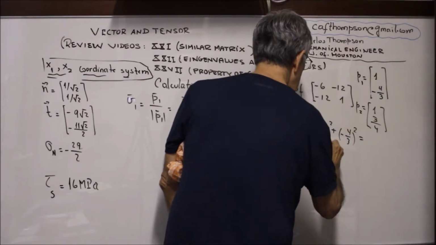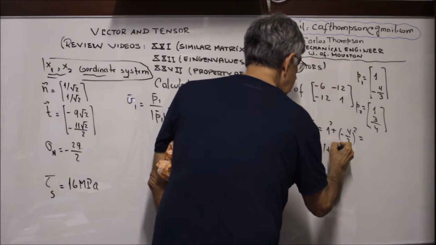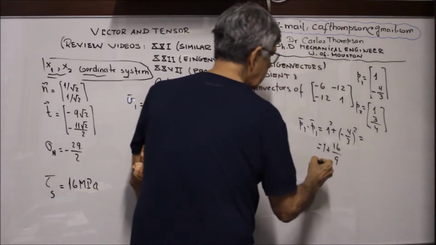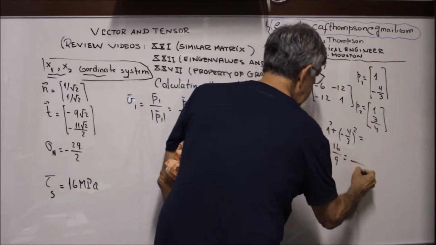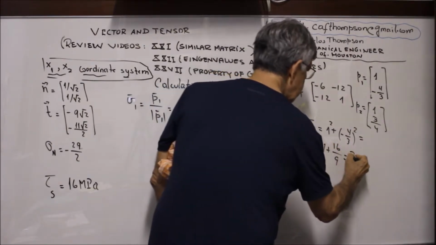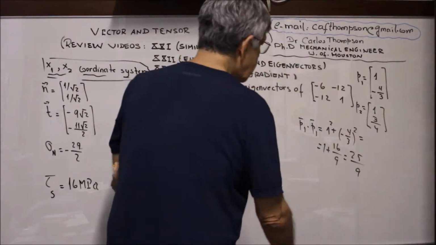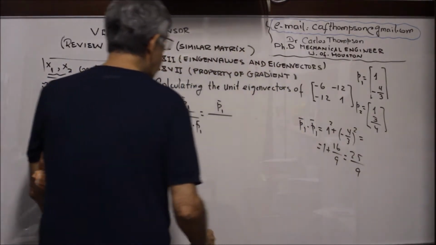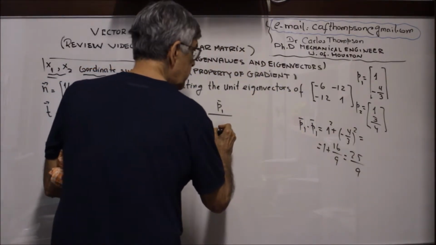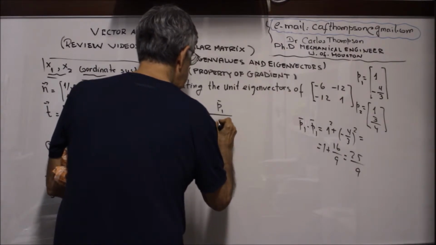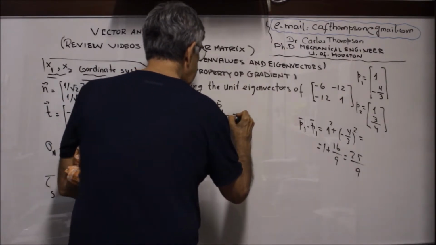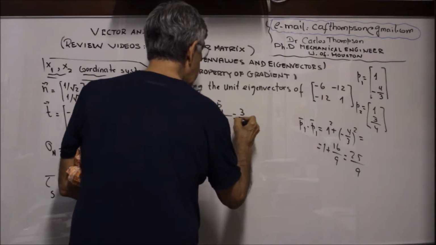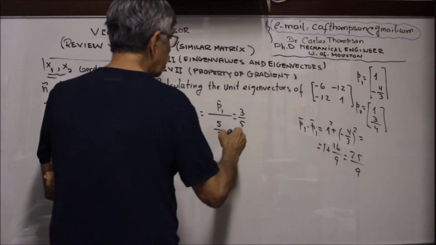So this is equal to 1 plus 16 divided by 9. So this will be 9 plus 16, which is 25. So the square root of 25 divided by 9 is 5 over 3. So it will be 3 over 5 times P1.